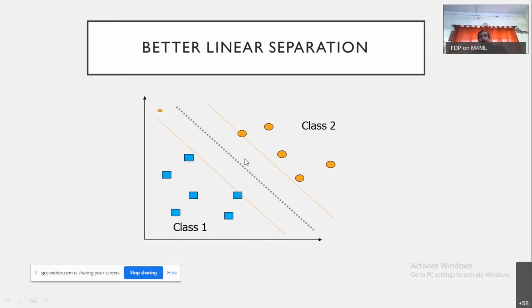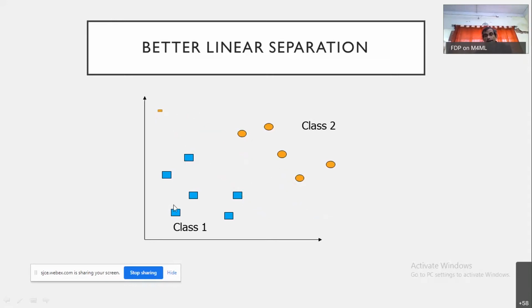What is the advantage? The advantage is this classifier will have flexibility on both sides. So this class number 2 could be expanded from here to here. Class number 1 could be expanded from this leftmost line to this. So this is the generalization capacity.